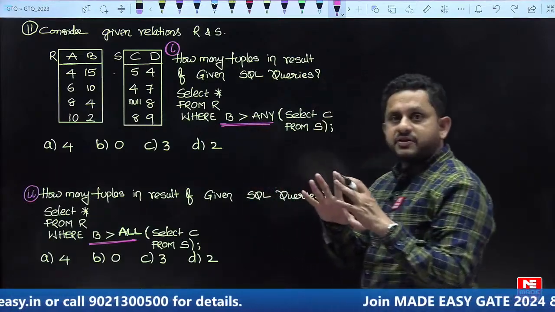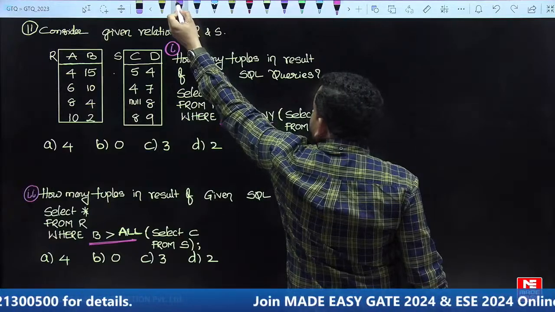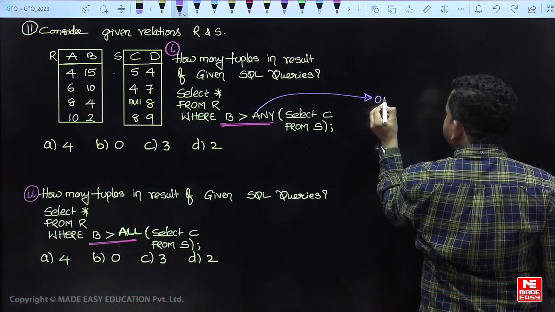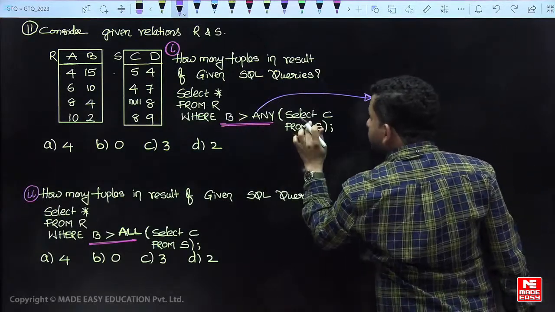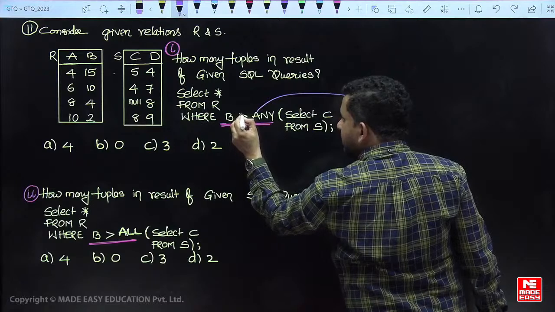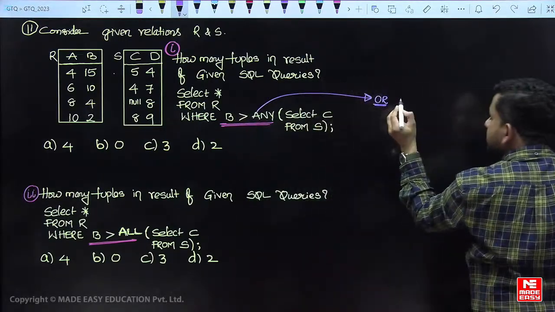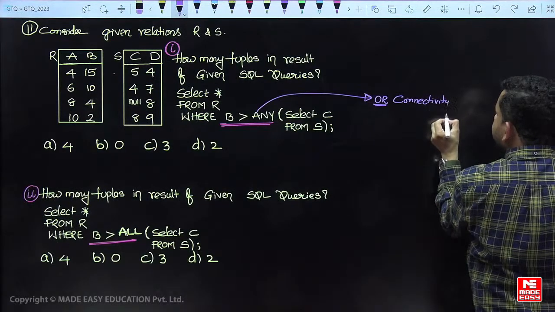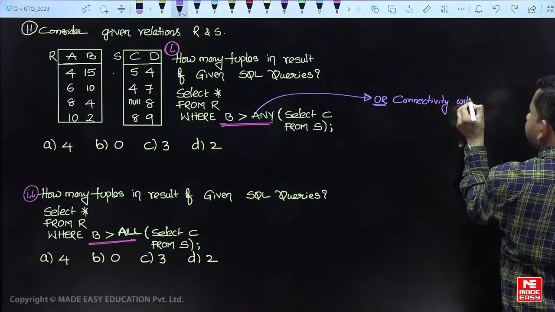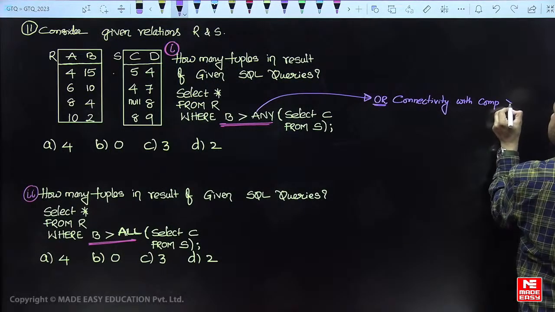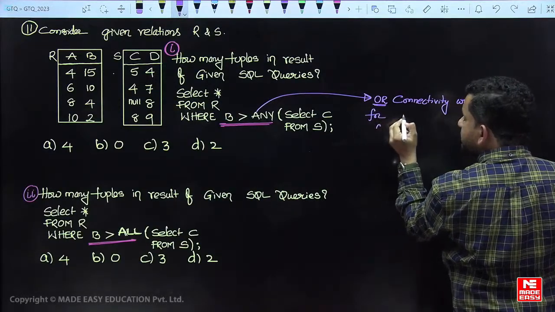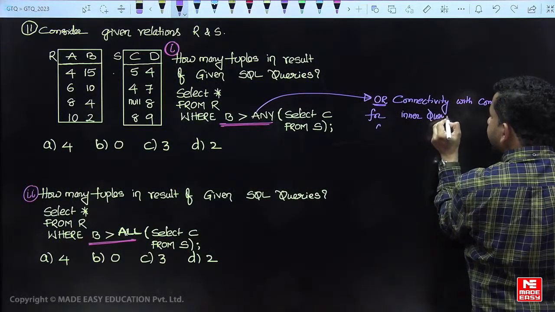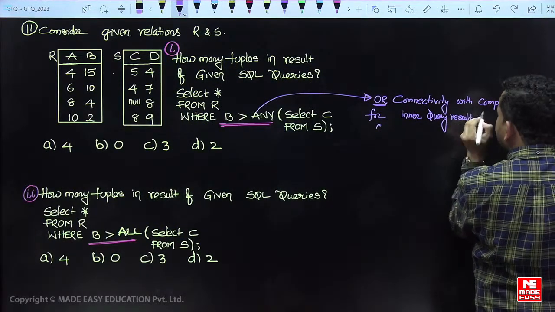Okay, so same as the previous question, see, ANY behaves like OR connectivity, because it should be greater than at least one. Greater than at least one means OR connectivity with the given comparison, greater than for all the inner query values.